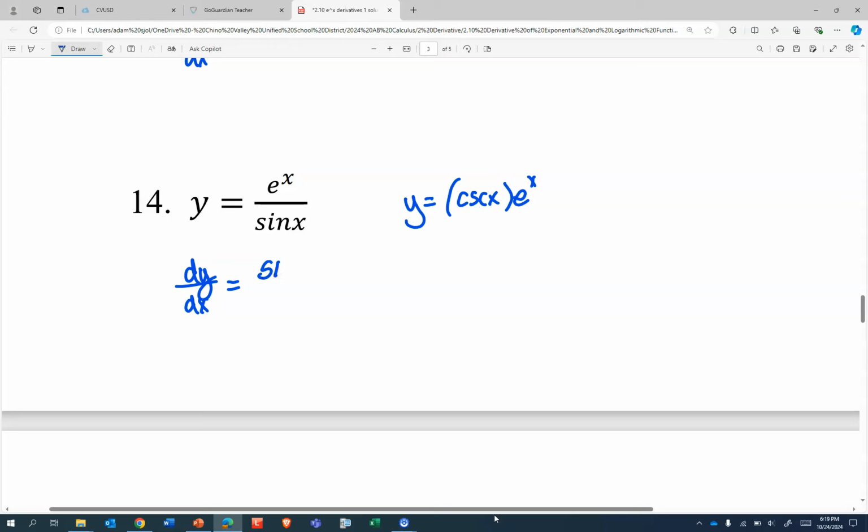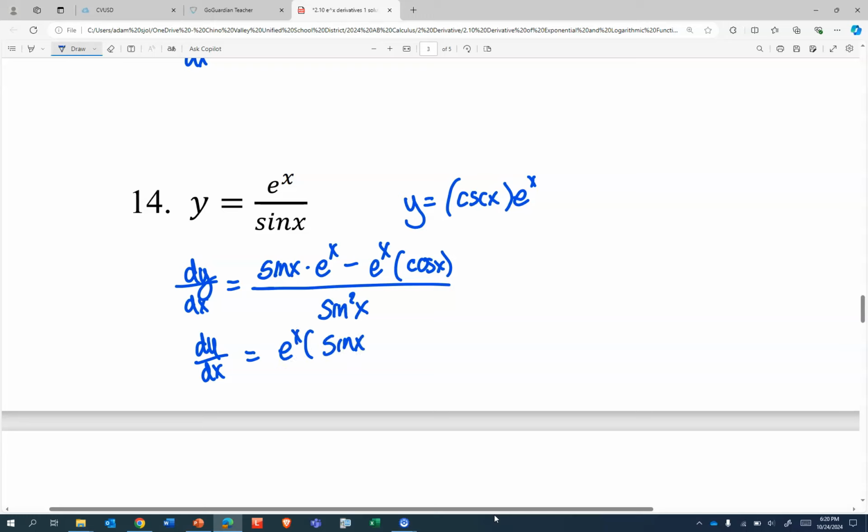So denominator, sine of x, times the derivative of e to the x, minus the numerator, e to the x, times the derivative of sine of x, cosine of x, all over the denominator squared. So we should probably rewrite that. E to the x times sine of x minus cosine of x over sine squared.